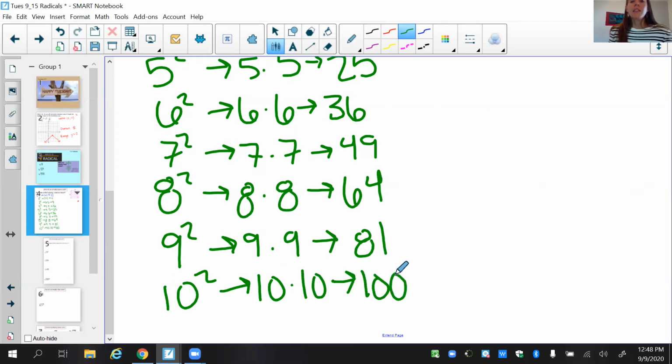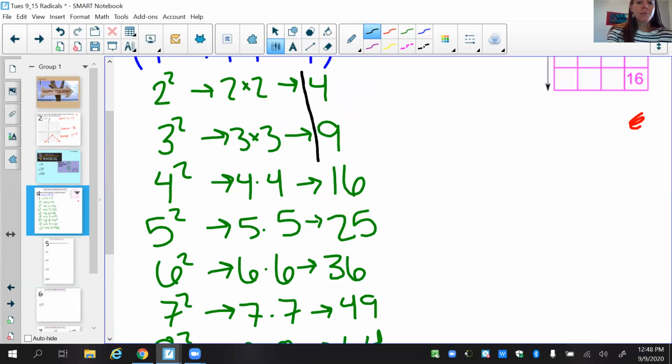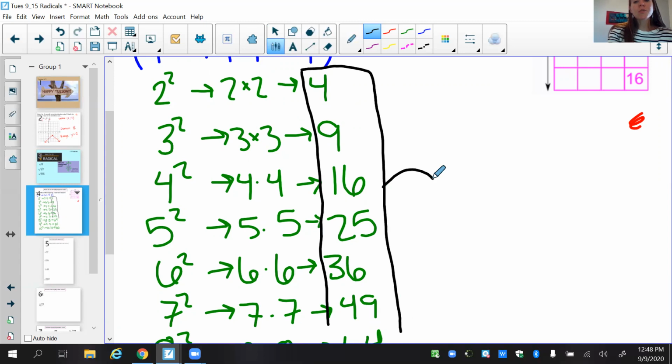Okay. You should become very familiar with this list. When I say a perfect square, I mean the ones in this column here. Those are your perfect squares.